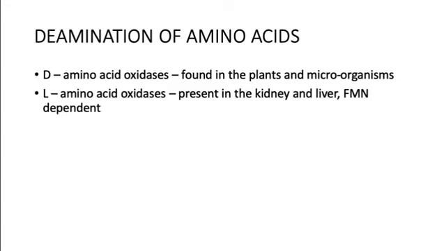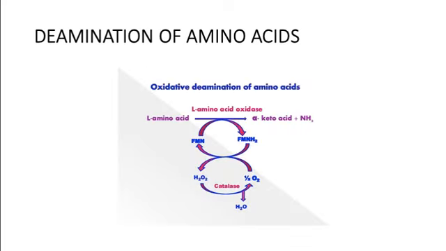L-amino acid oxidases are present in the kidney and in the liver, and require the coenzyme flavin mononucleotide or FMN. We look into one of the examples, oxidative deamination of amino acids. L-amino acid, in the presence of L-amino acid oxidase, gets converted to alpha keto acid plus ammonia.